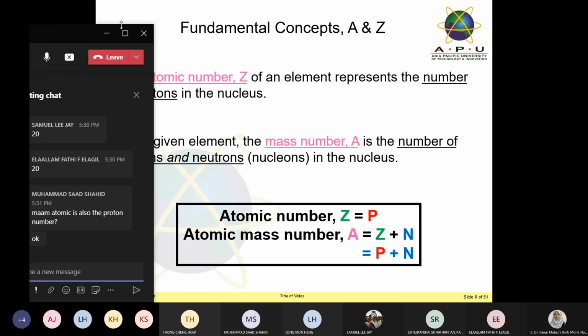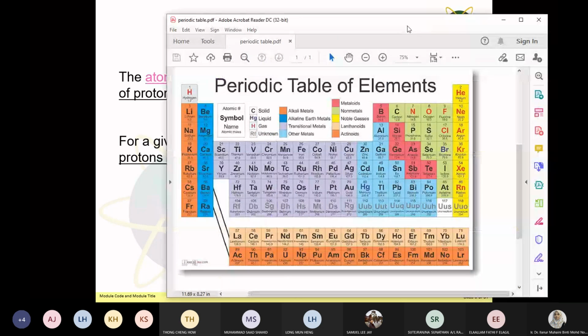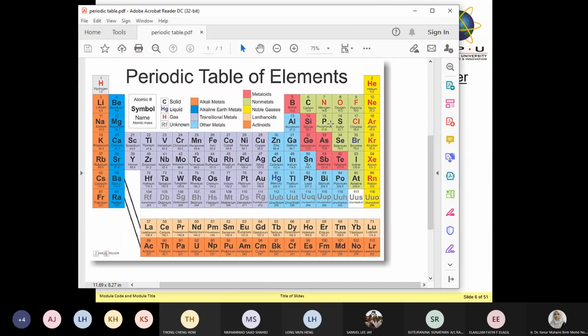From the slide, atomic number is the number of protons. So if I ask you, what is the number of protons for zinc?